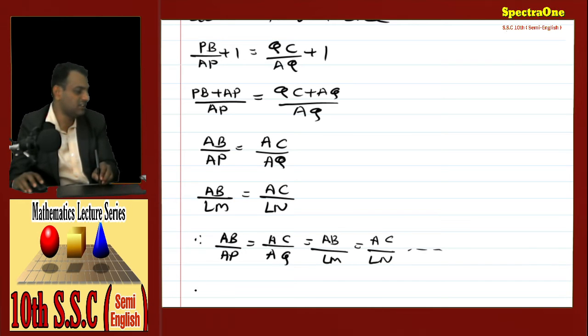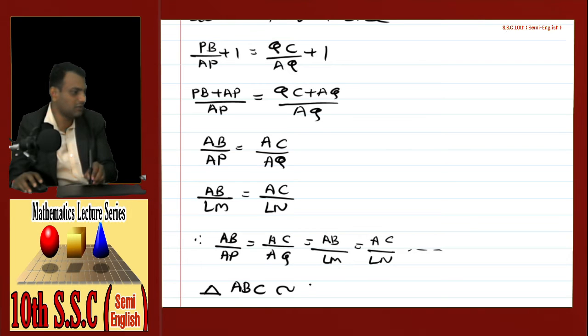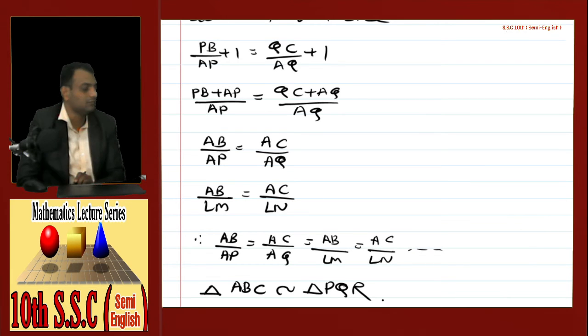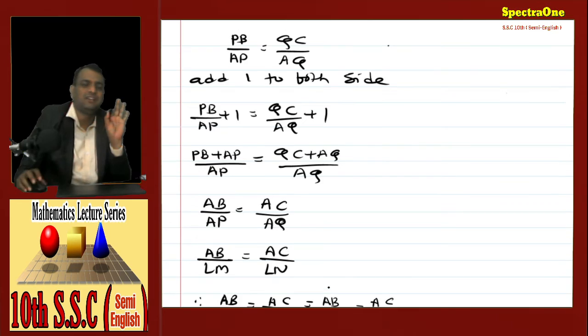Therefore, which proves that triangle ABC is similar to triangle LMN. Okay, very simple.